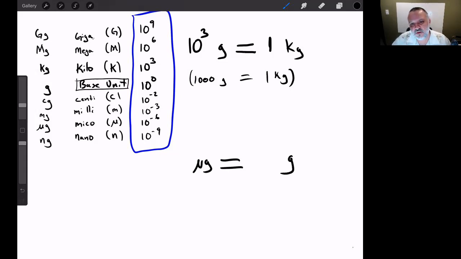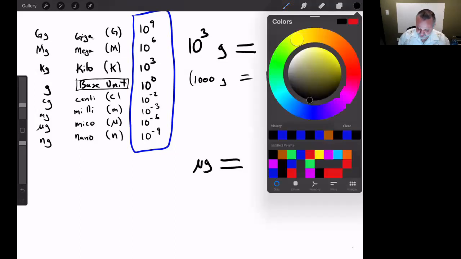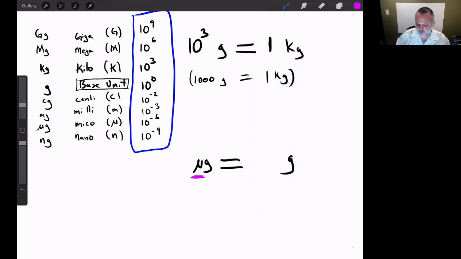Well, first thing you should notice is that I put grams on the right instead of on the left. Does it matter? It doesn't, as long as I follow the rule. And the rule is this. Use the definition. I'm repeating myself. Use the definition. What's the definition? The definition of the prefixed unit. In this case, the prefixed unit is micro.